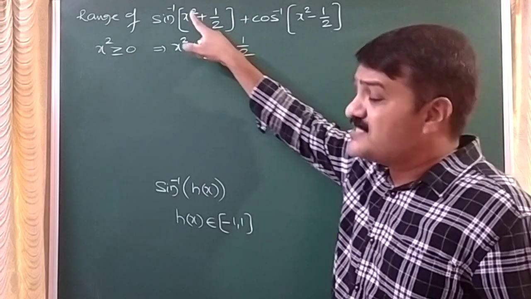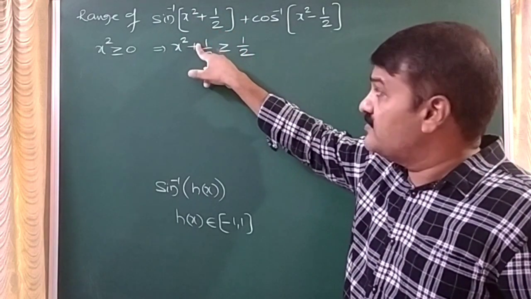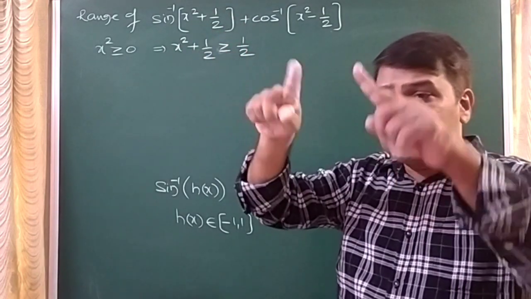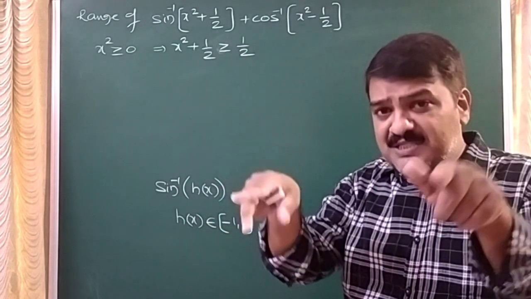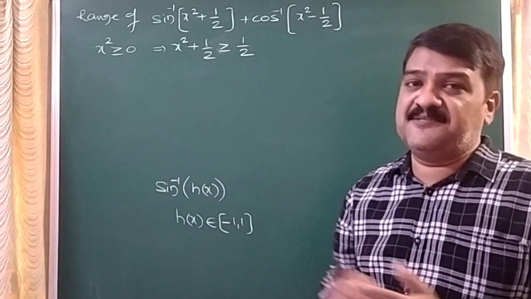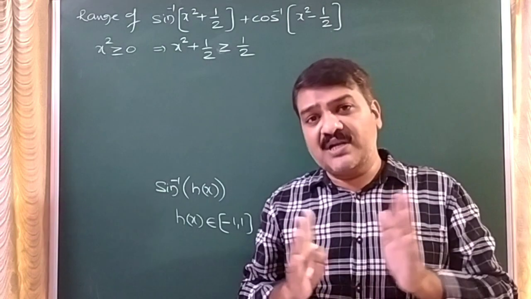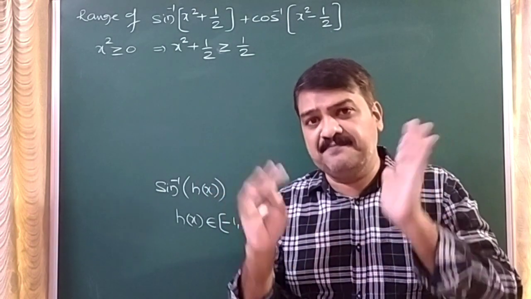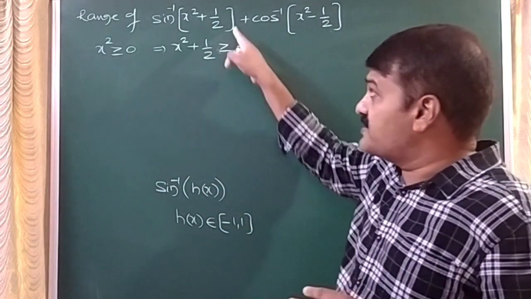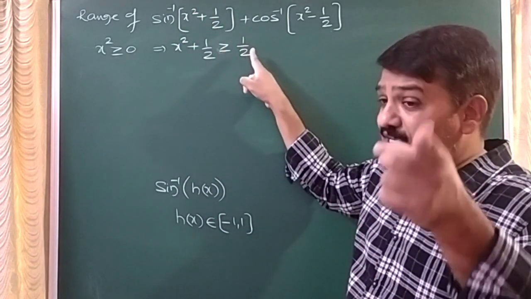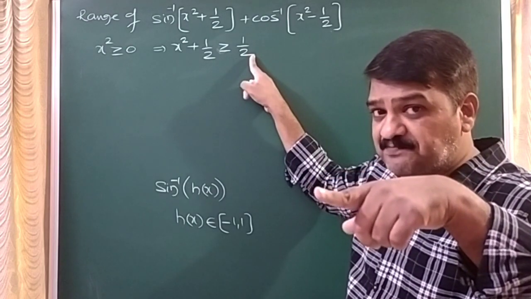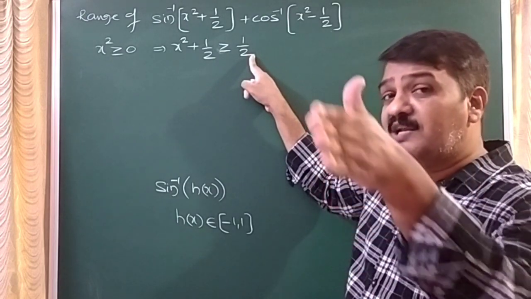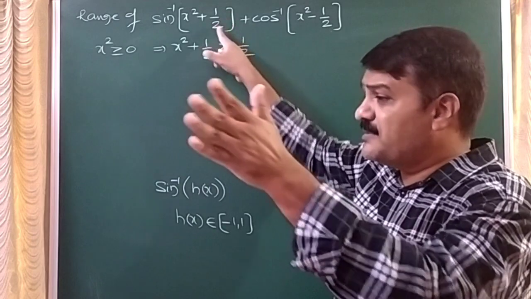So to find the step of this one, we just now discussed that step is fixed between any two integers. Between any two consecutive integers, the step value of any number will be the same. So x square plus 1 by 2 being 1 by 2 or more means, between 1 by 2 and 1, for any number the step is the same.